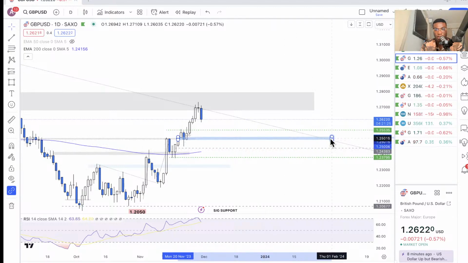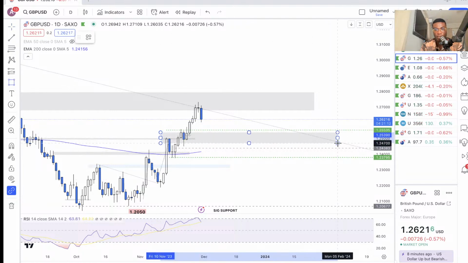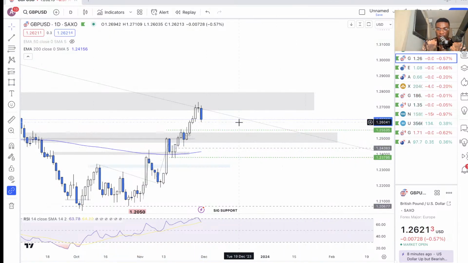I'll extend this, right? I think I'll just change the tool for that one. So I expect the pound dollar to just tap into this zone before it continues to the top side or continues to make a retest at these key levels.